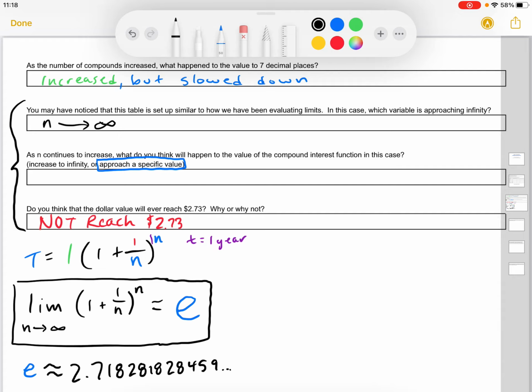If you look this up on Google or find the e button on whatever calculator you are using, you can see that this constant has this value.